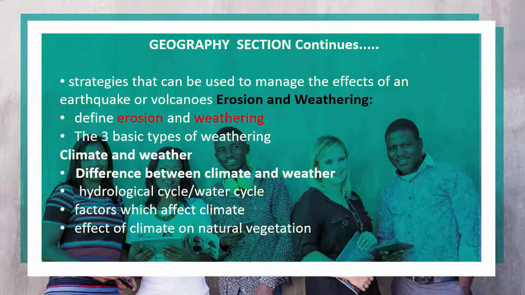The hydrological cycle, mostly referred to also as the water cycle, is important. You have to know what the hydrological cycle is. You have to know the factors which affect climate, and then the effects of climate on natural vegetation.